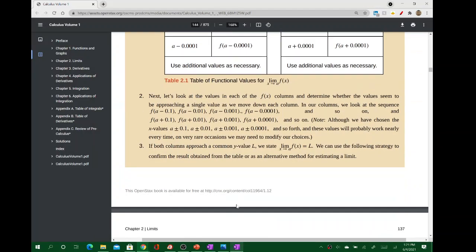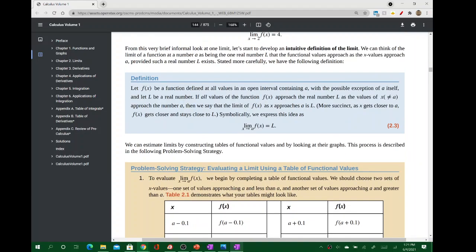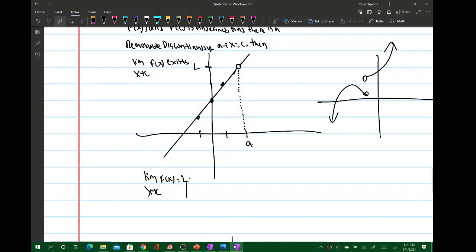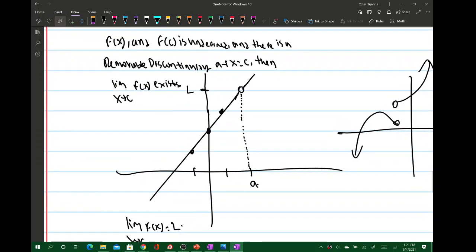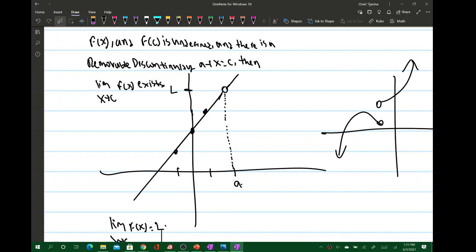I really hope that makes sense, because that's what they're saying, that basically it would be equal to L. That's if we have any kind of function that does not have a restriction, or what I'm saying is if it is a removable discontinuity.